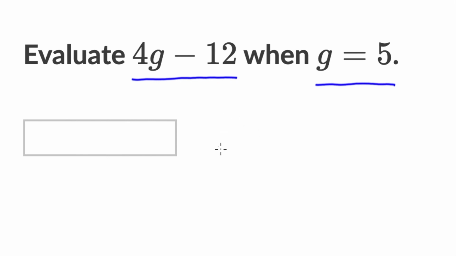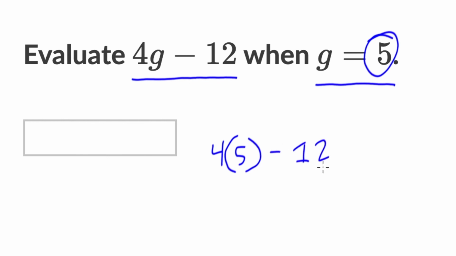Okay, so let's write down 4 parentheses because we're going to plug in a variable and we're multiplying. Especially when you're multiplying, it's a good idea to use parentheses. So what does g equal? It equals 5, right? So we're going to write down 5, close the parentheses, minus 12.